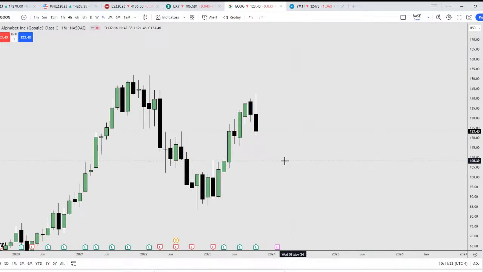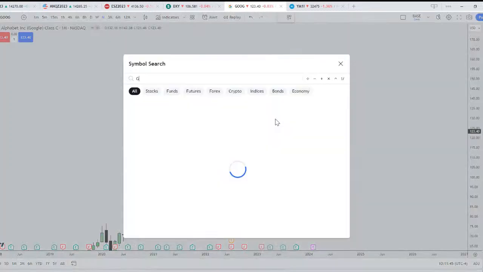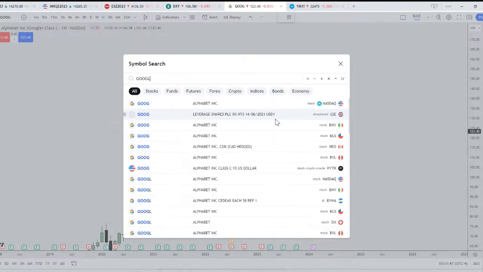So for Google, let me check the high here. 123.14. Okay. Oh, so it's GOOGL.